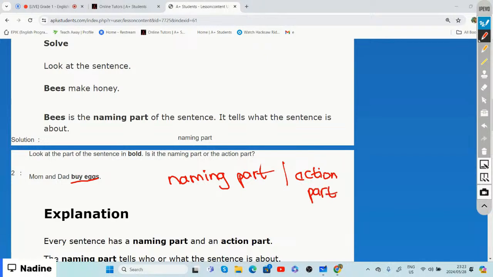Which one is correct? Is it a naming part that tells us who or what the sentence is about, or an action part that tells us what the naming part does or what the naming part is like?